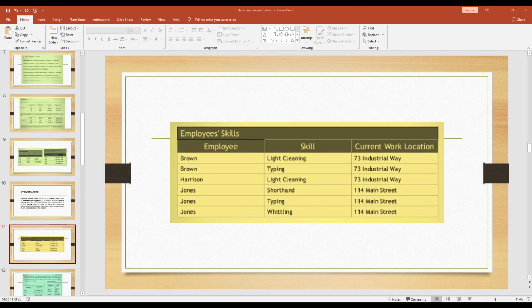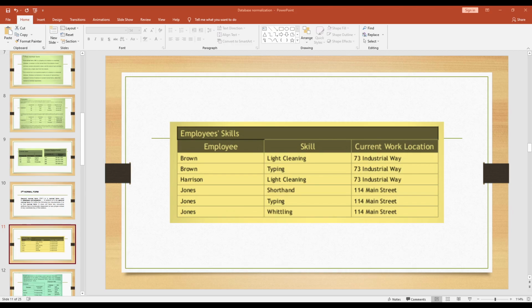Only the composite key, employee skill, qualifies as the candidate key for the table. The remaining attribute, current work location, is dependent on only part of the candidate key, namely employee. Therefore, the table is not in second normal form.